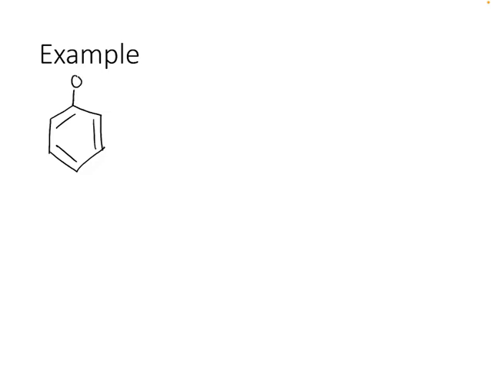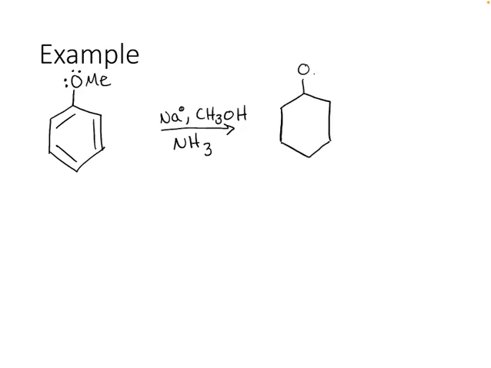Let's see. So let's look at this molecule here. So we've got an oxygen bonded to a methyl group. And we want to do a Birch reduction. And again, there's two possible outcomes.